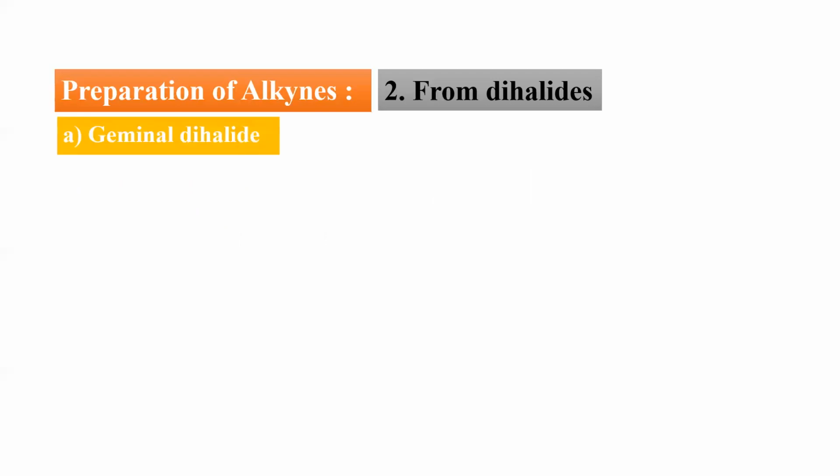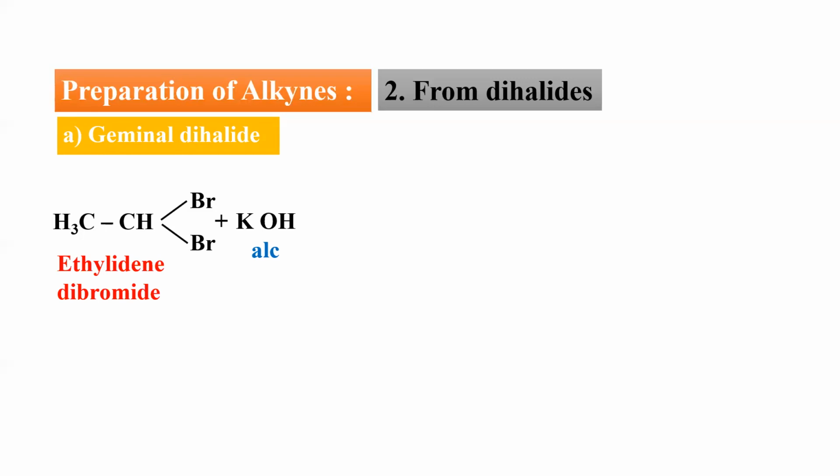Let's have a look at an example, starting with a geminal dihalide. We know that a geminal dihalide is a dihalide where both the halogen atoms are attached to the same carbon atom. So this is ethylidene dibromide. This is made to react with alcoholic KOH. Now we know potassium will take away one of the bromines to go out as KBr, and the beta hydrogen will be removed with OH as water.